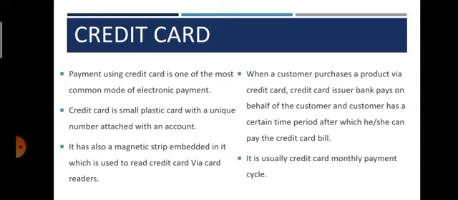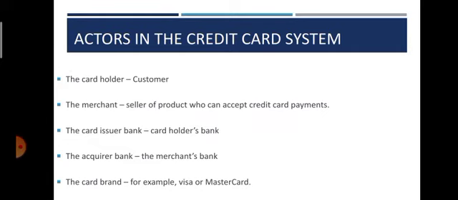Coming to the next topic, that is actors in the credit card system. Here we'll be discussing who all are involved in the credit card system. The card holder, that is the customer. Obviously, who will hold the card? The customer. Now the merchant, that means the seller of the product, who can accept credit card payments.